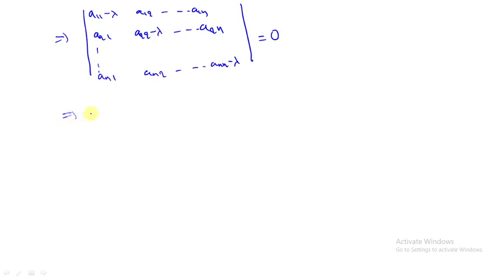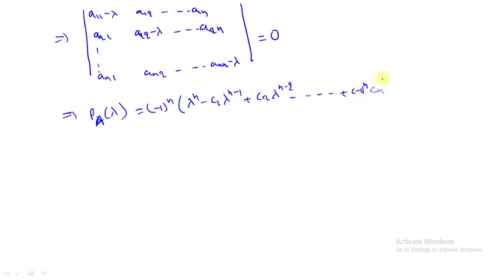On expansion we get a polynomial P_A of lambda with respect to A. We get minus 1 power n into lambda power n minus C1 lambda power n minus 1 plus C2 lambda power n minus 2, alternating, and at last, depending on n, positive or negative, Cn equal to 0.